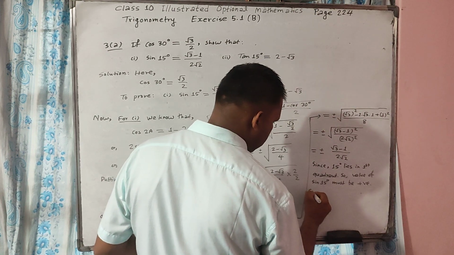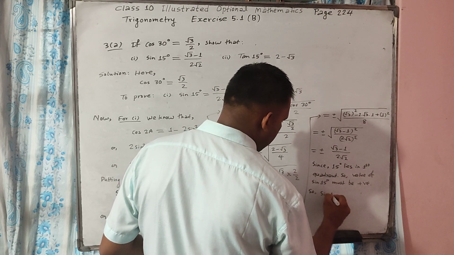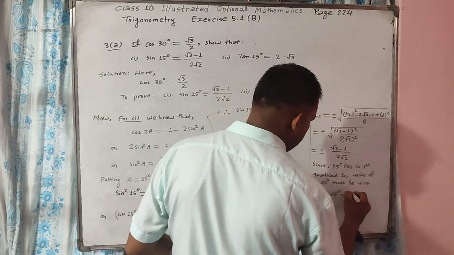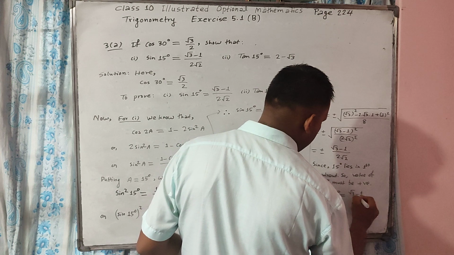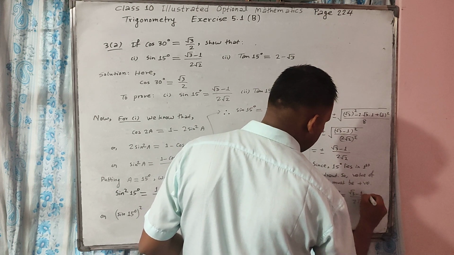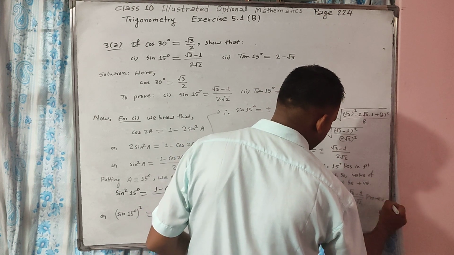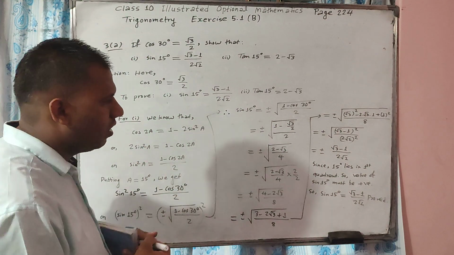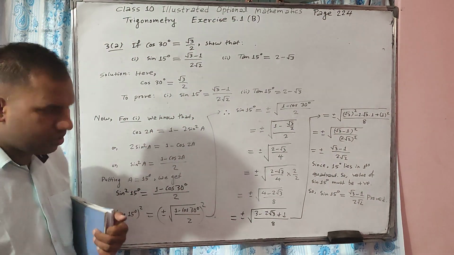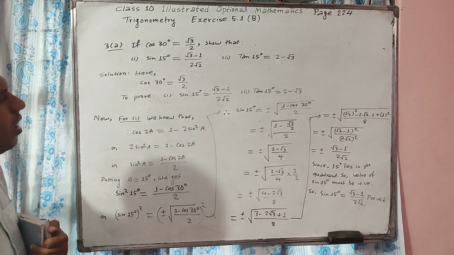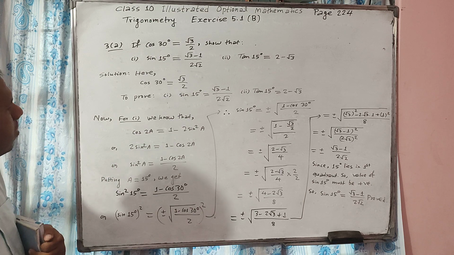So sin 15 equals root 3 minus 1 all upon 2 root 2. In the first quadrant all trigonometric ratios are positive. Now for 2.